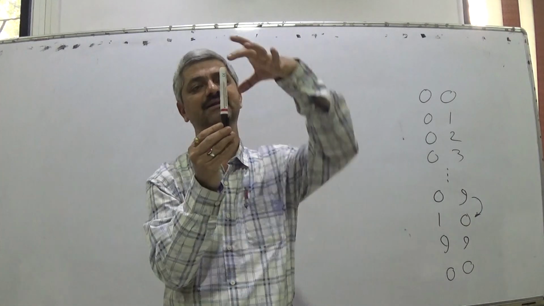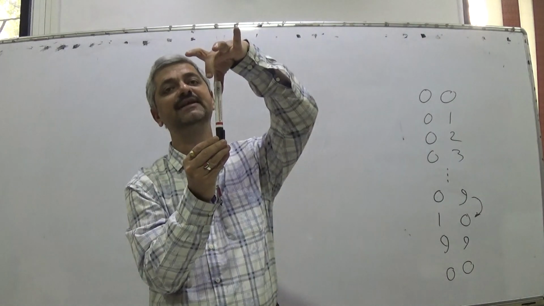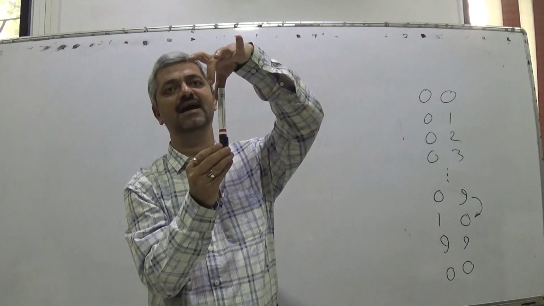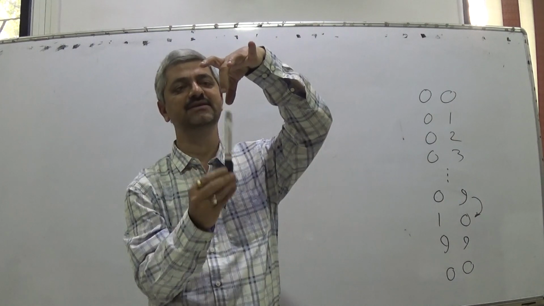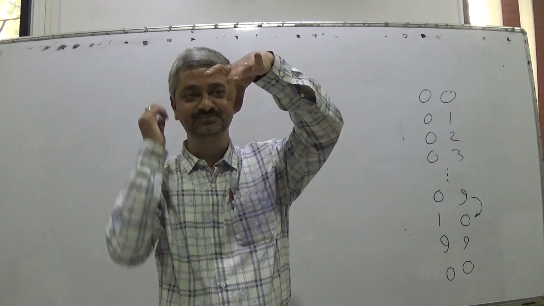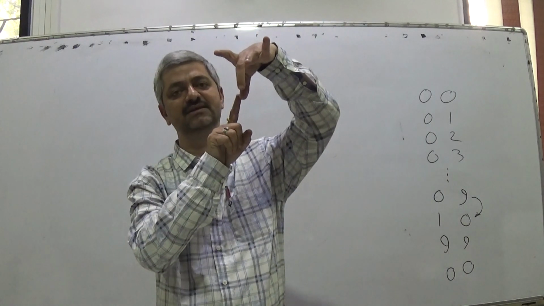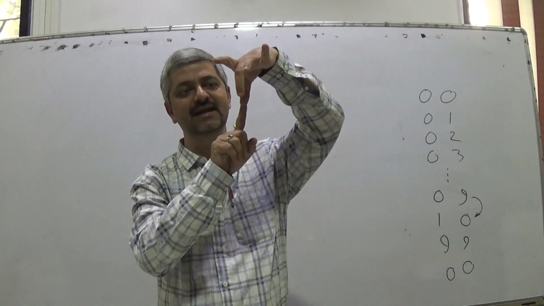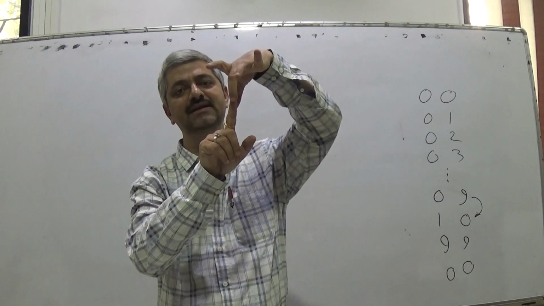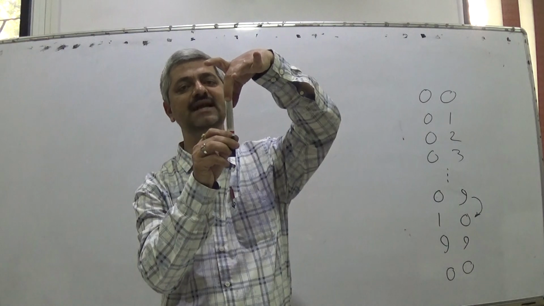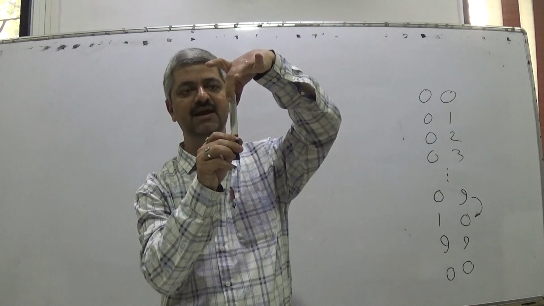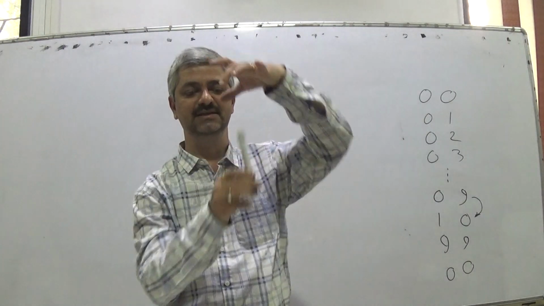Say on this side and this side I can put infrared sensors. I can put an infrared LED which generates, and this senses. So this emits infrared light, this senses infrared light, and continuous light is falling here. When the article comes, the light is disturbed, and when the article goes, again the light is there.